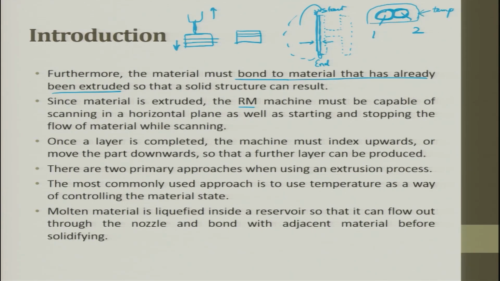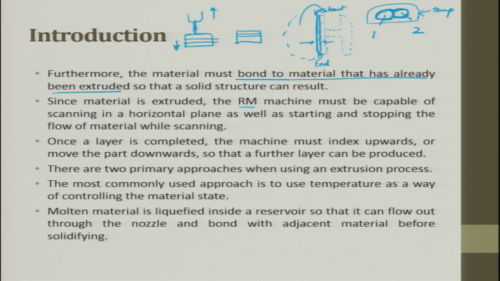When I start maintaining the temperature in the ambience, then the extruded layer and the just extruded layer will try to join with each other and form a layer or a road completely in a plane. Molten material is liquefied inside a reservoir so that it can flow out through the nozzle and bond with the adjacent material before solidifying. Okay.